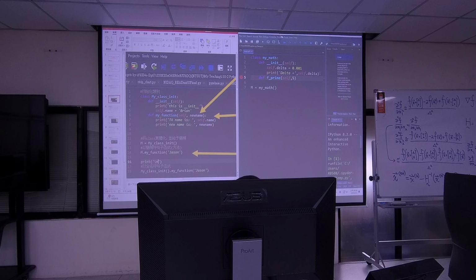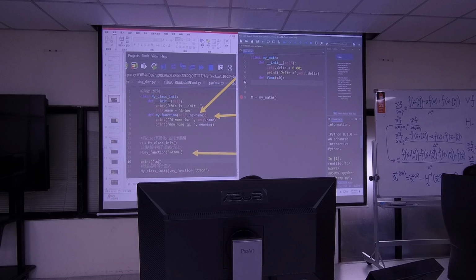Let's say x0. I need a way to calculate something. Let me calculate f, so let me just call func. Maybe I don't need self, I just need x0. So evaluate some function.